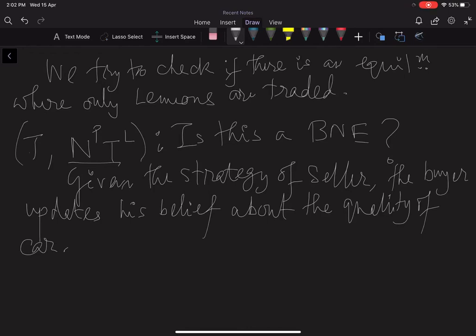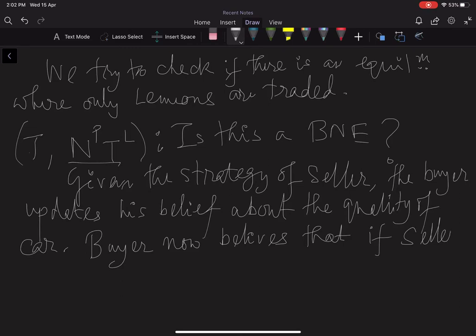Okay, so the buyer now believes that if the seller trades, it will be a lemon.